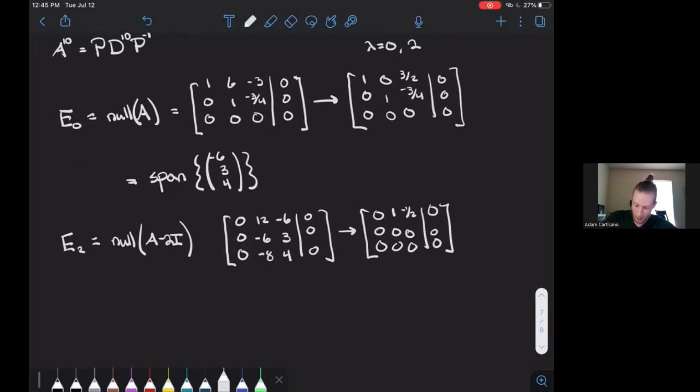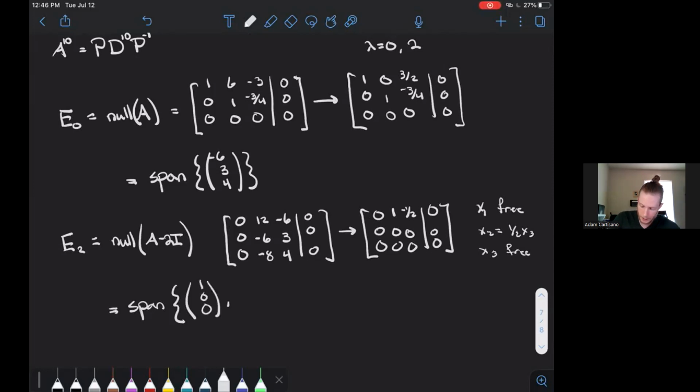Okay, so what we're left with is, notice x1 is free, x2 equals 1/2 x3, and x3 is free. So E2 is the span of (1, 0, 0) and (0, 1, 2).